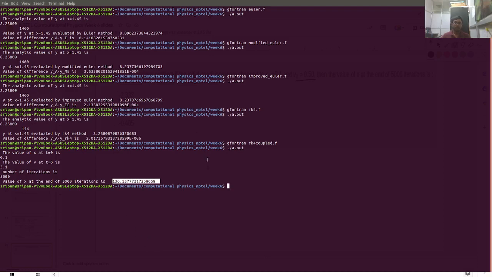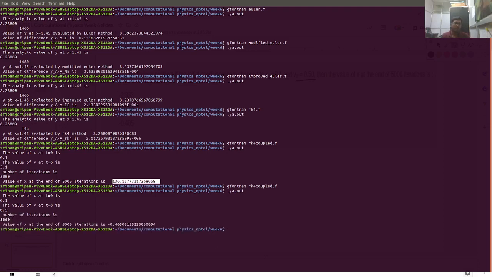Okay, so again I am going to compile this and run dot slash a dot out, with the value of x as 0.1, then 0.5 as per the question. The number of iterations is the same as before.